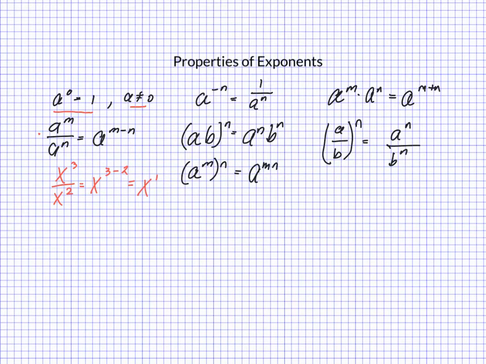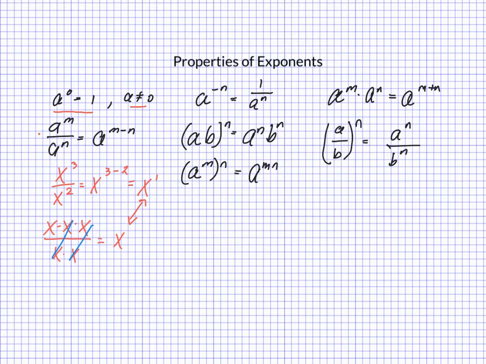Expand that out some more in case that seems a little bit unusual. X to the third is x cubed, x times x times x, over x squared, x times x. So when we are able to cancel those out as a value of 1, again, these two things are equivalent.